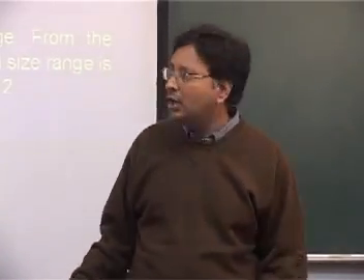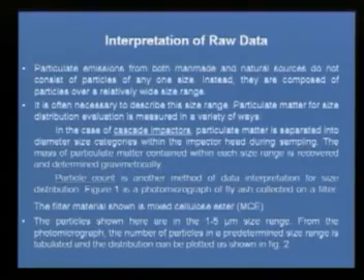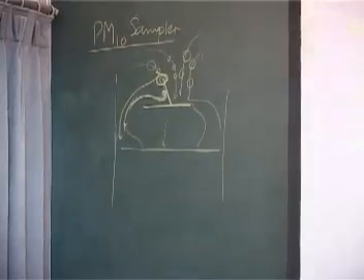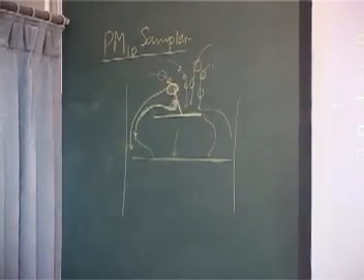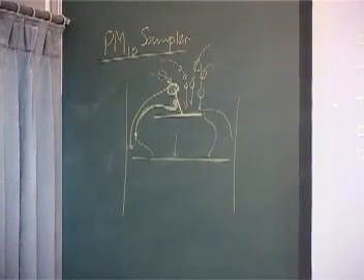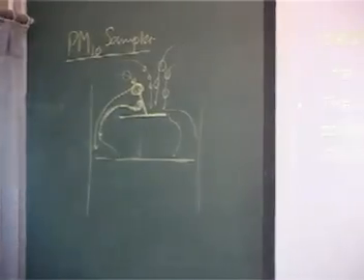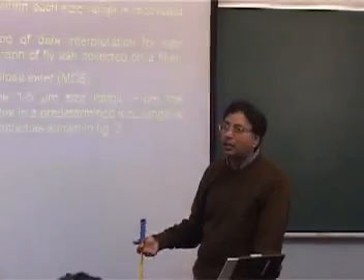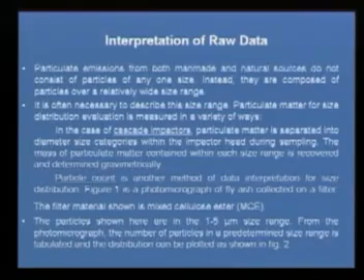Suppose the stack temperature is high, and you have made a very sophisticated sampler because you only want to sample the PM10 particles coming from the stack. The temperatures could be high, so the cellulose will completely burn out. You will say, oh well, you didn't get anything. In that case you may like to use Teflon.